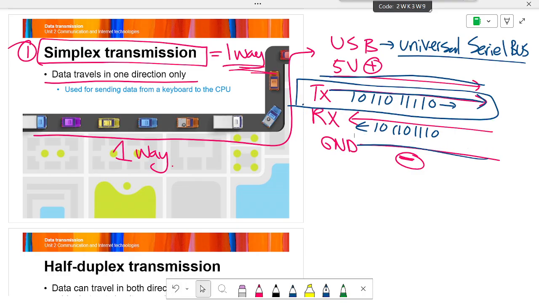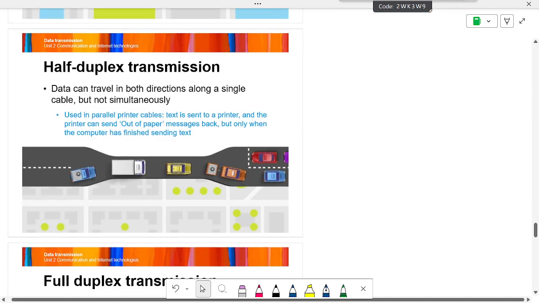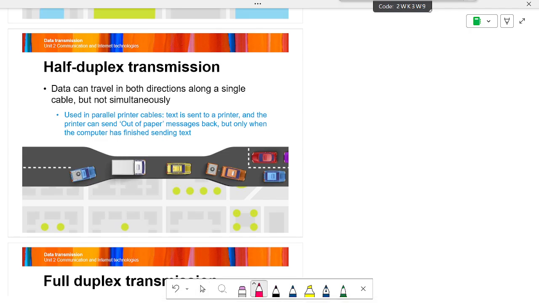Next, we have half duplex transmission. Half duplex transmission means that we still just have one line. We have one wire. But we're going to take turns on the road.